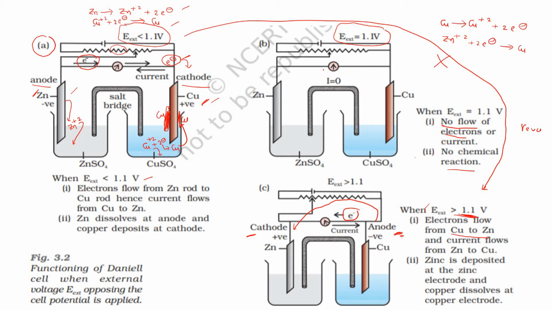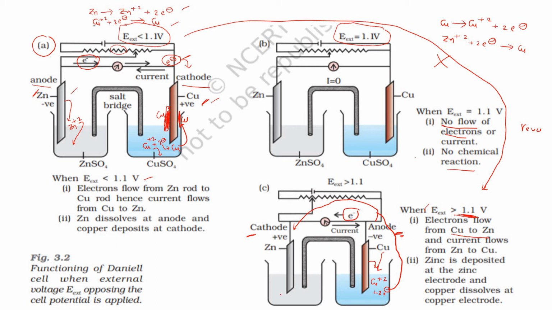These are the chemical reactions taking place. This copper undergoes oxidation to give 2 electrons, and the 2 electrons flow from here.